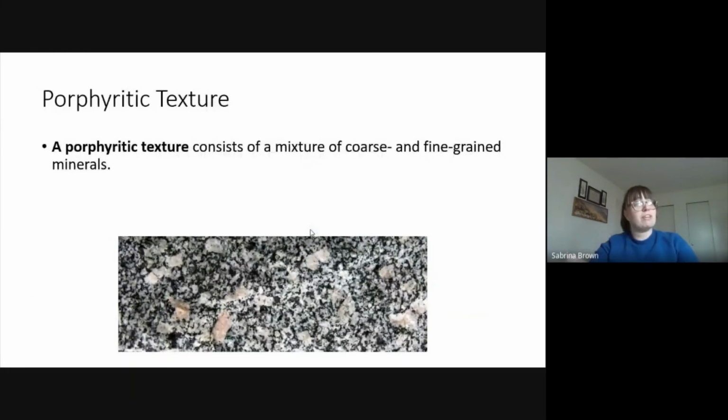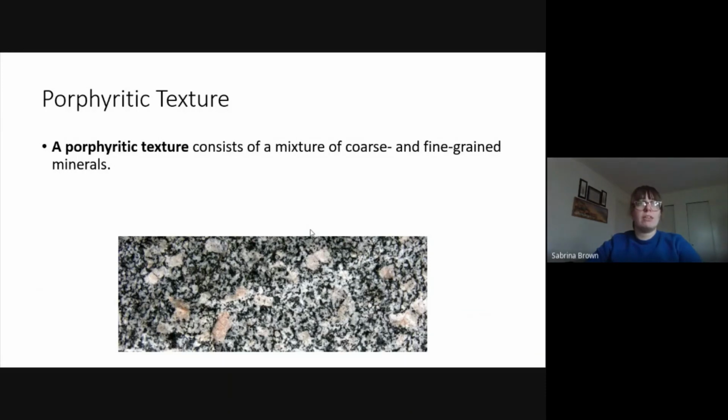We also have a fancy texture called porphyritic, which is when we have both coarse and fine-grained minerals in the same rock. These are the result of a more complex formation mechanism, where perhaps it started cooling underground and formed some minerals that solidify at higher temperatures.